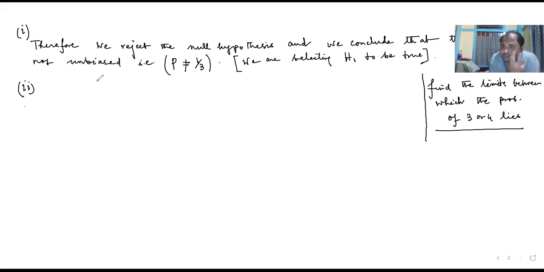Now, since you didn't know about hypothesis testing, you couldn't guess anything about question number 2, but question number 2 was actually a hint. The person who is well aware of hypothesis testing, after looking at the question, will immediately understand that since the second part of the problem is asking me to find the limits between which the probability of 3 or 4 is lying, that means they are not sure about the population probability that they are assuming in the null hypothesis.